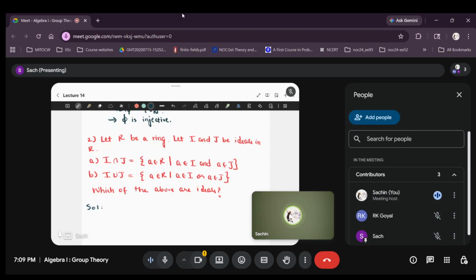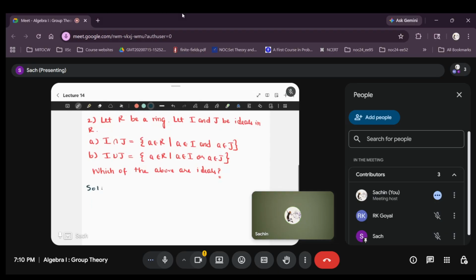The intersection of two subgroups H and K, H intersection K, is also a subgroup of a group G. So I intersection J is an additive subgroup of R. This comes from group theory.